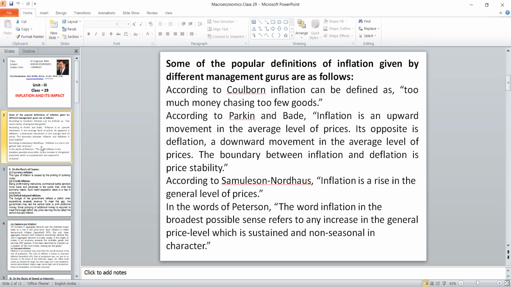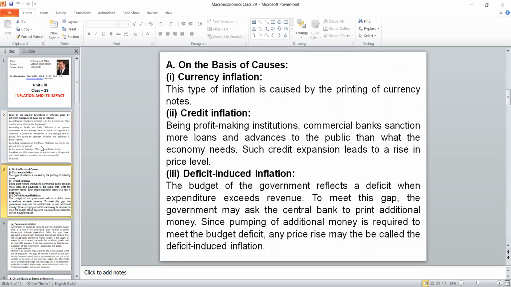In this definition, he mentions how the seasonal or non-seasonal character influences the price level of the product. When we identify what level of price increase there is for the product, that is called the inflation rate.